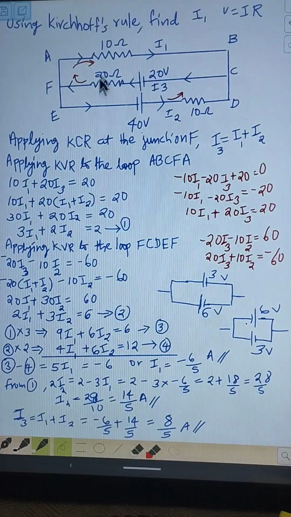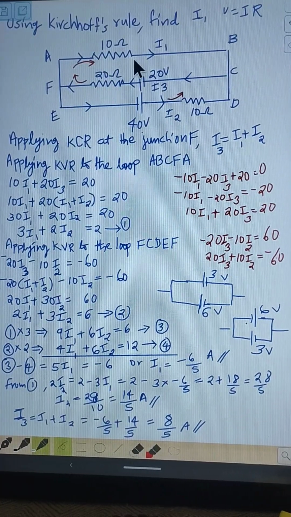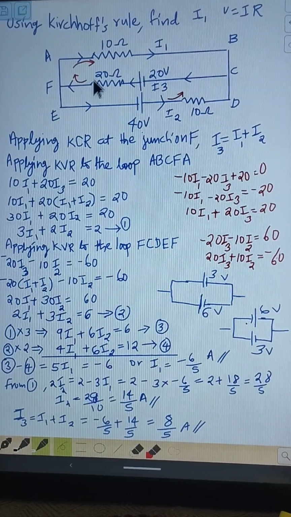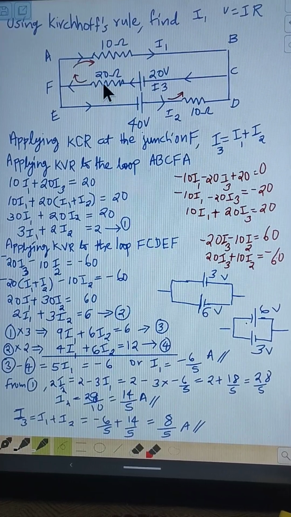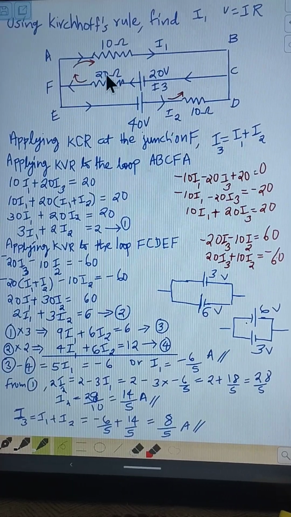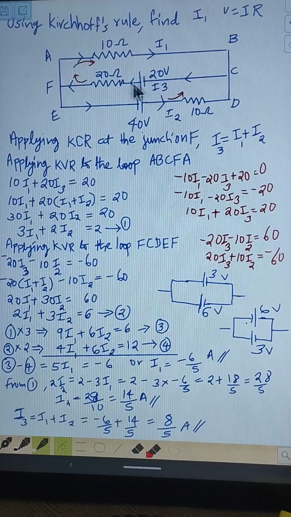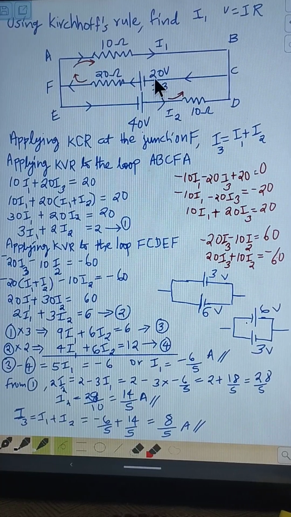So the potential developed across this resistor is I into R, that is 10 I1. The potential developed across this 20 ohm resistor is 20 I3. Now apart from these potentials, we know a 20 volt cell is also there.